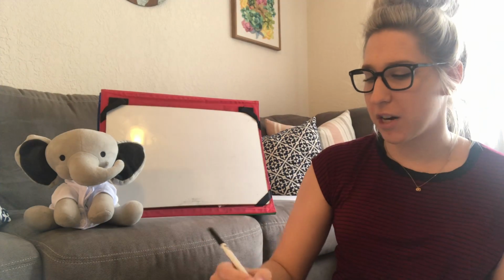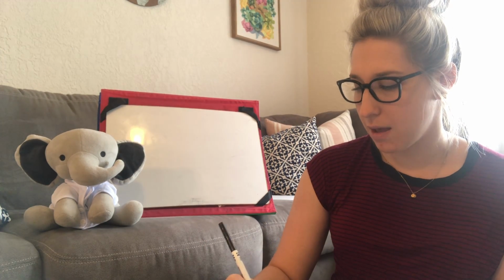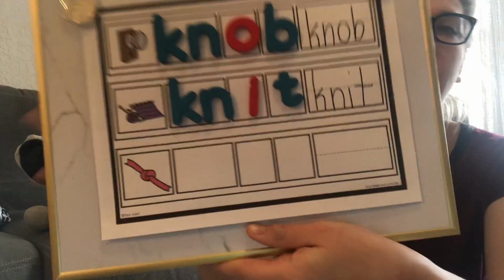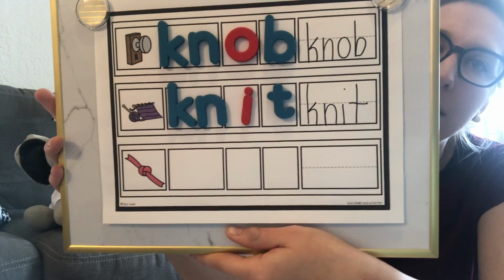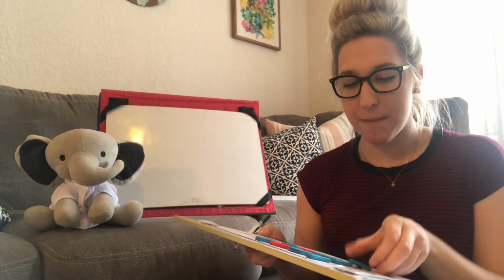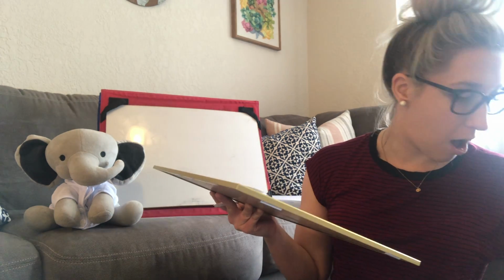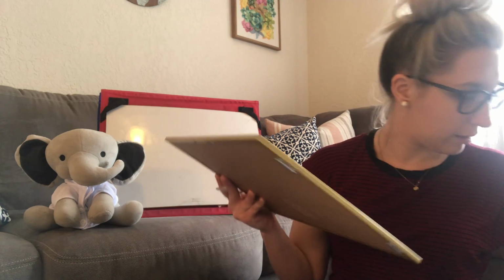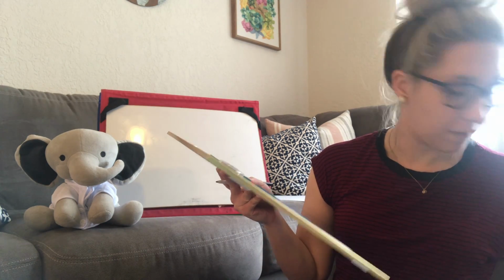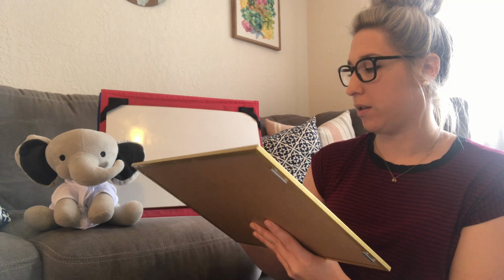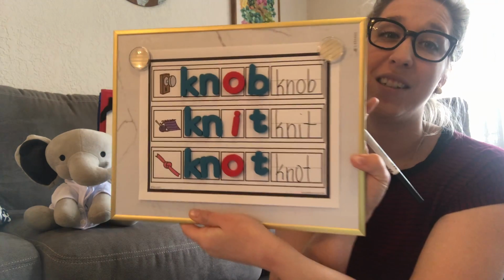And then the last one we're going to do on this is going to be a knot. I tied a knot. How do you think we're going to spell knot? Very good. We're going to start with that same digraph of KN and do KN, O, T. Very good. KN, O, T. Knot. Very good.